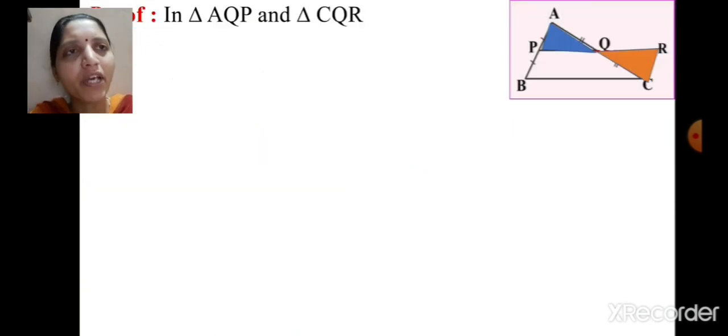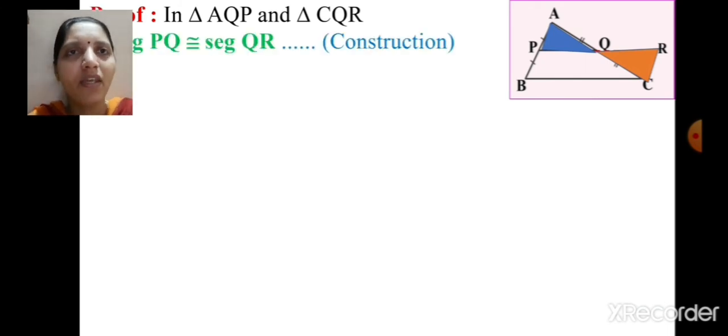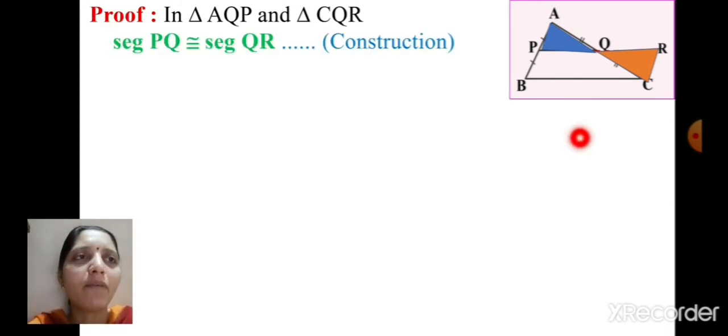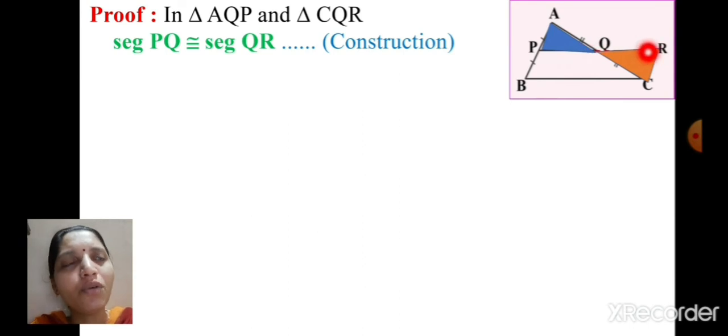So let's compare these two triangles. In triangle AQP and triangle CQR, what we can write here? Yes, we can write here seg PQ is congruent to seg QR. Reason is construction. In the construction only we have written that extend seg PQ till R such that PQ is equal to QR.